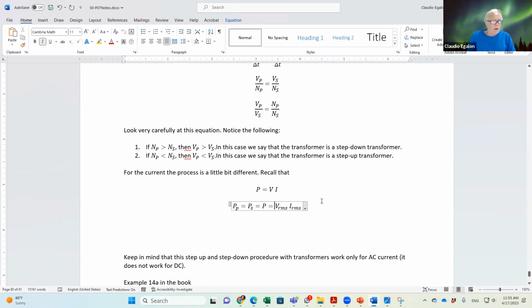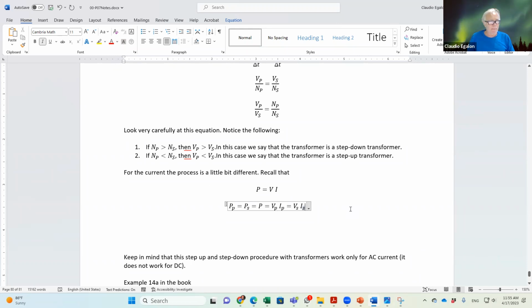And now, instead of having P here, it should be V root mean square of the primary times I root mean square of the primary, which, by the way, is equal to V root mean square of the secondary times I root mean square of the secondary.